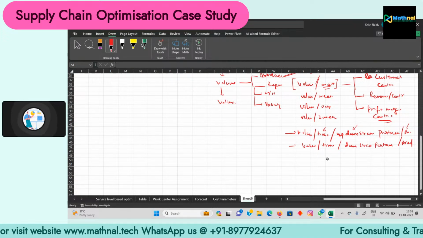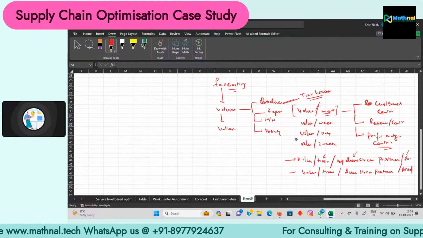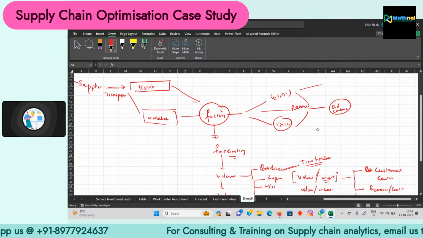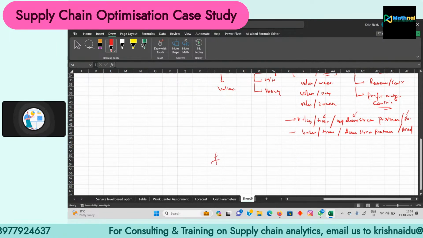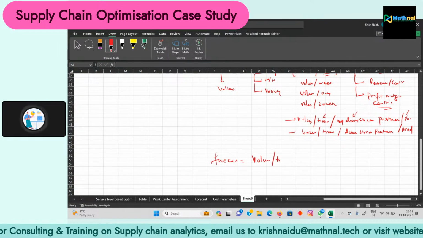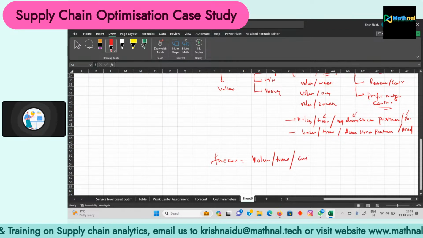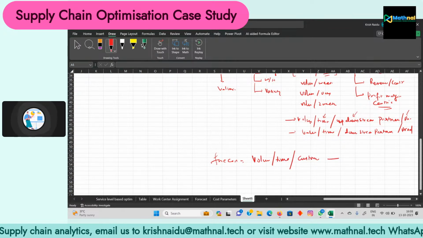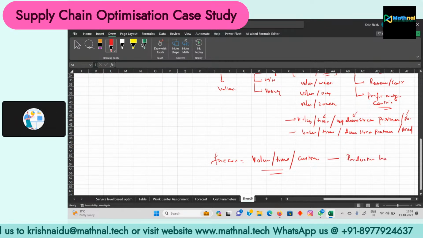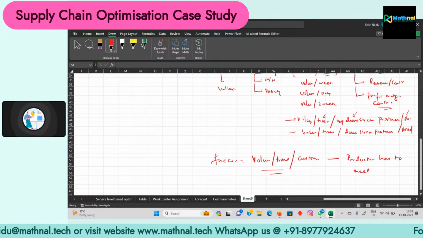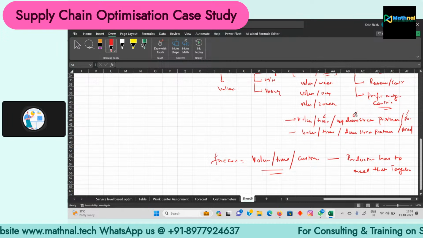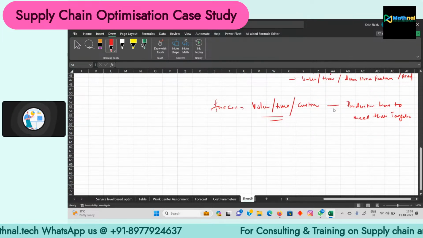So the moment we bring the time perspective, volume per time perspective, our production has to meet those targets. Once we have a forecast that is volume per time per customer, our production has to meet those targets so that we match demand and supply.